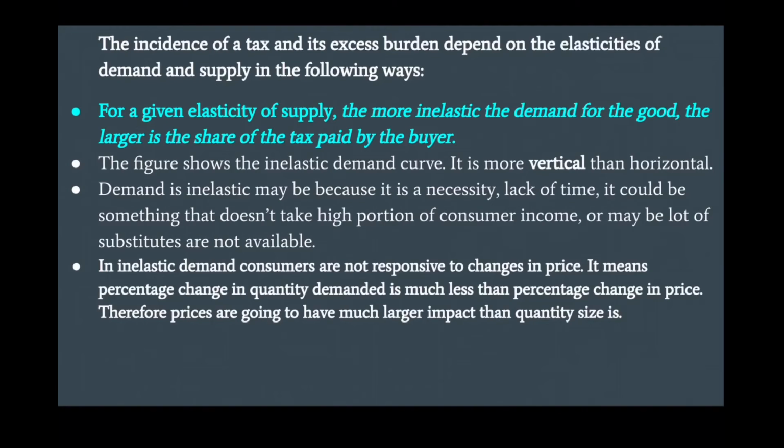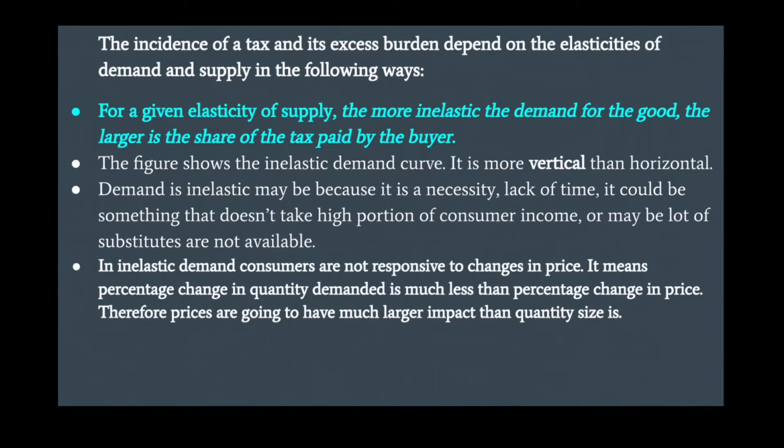The incidence of a tax and its excess burden depend on the elasticity of demand and supply in the following ways. The first scenario is for a given elasticity of supply: the more inelastic the demand for the good, the larger is the share of the tax paid by the buyer.